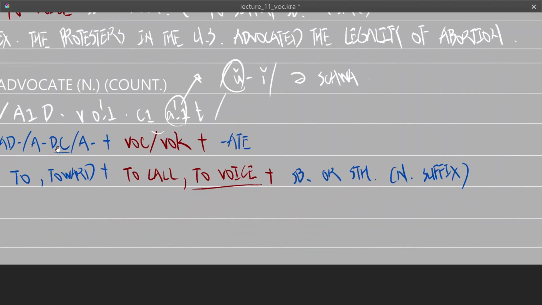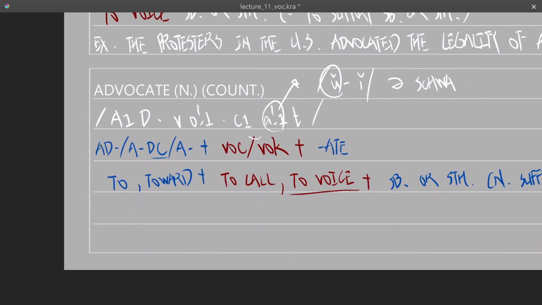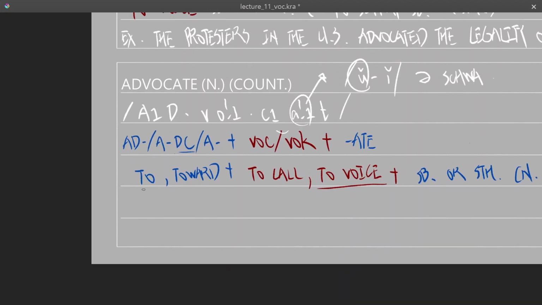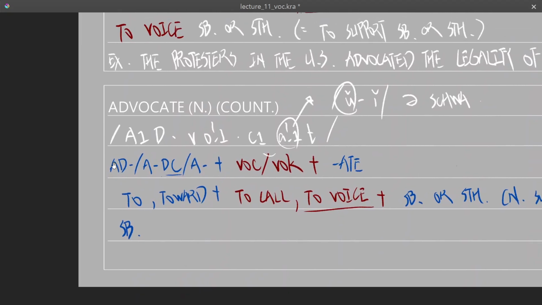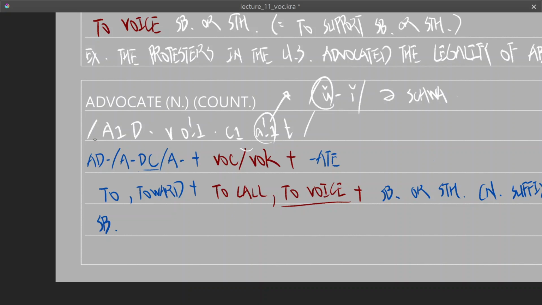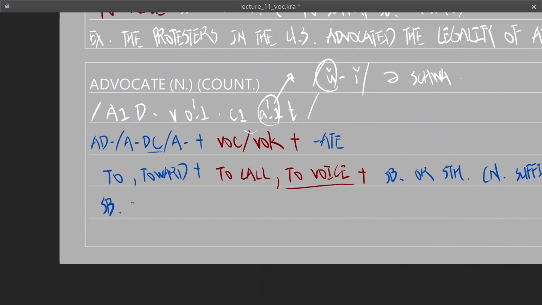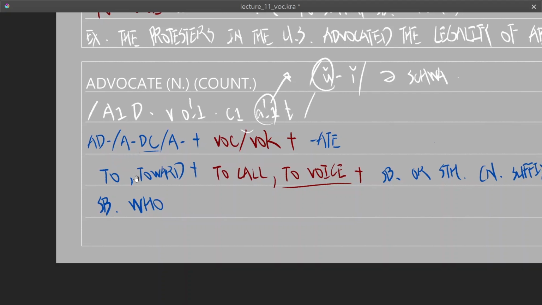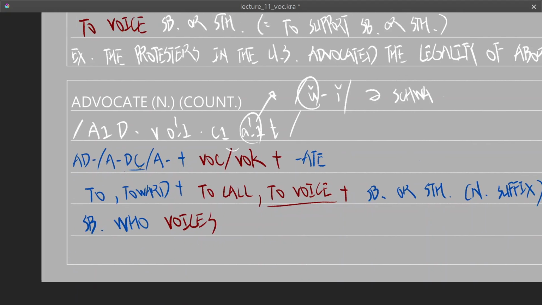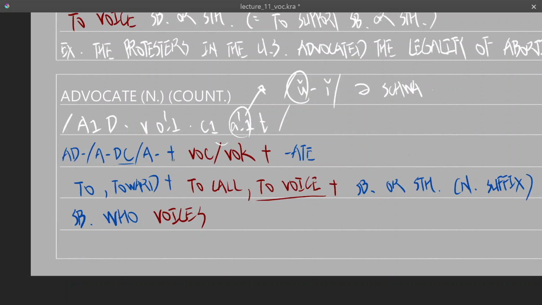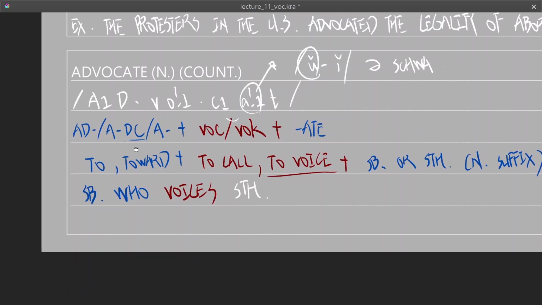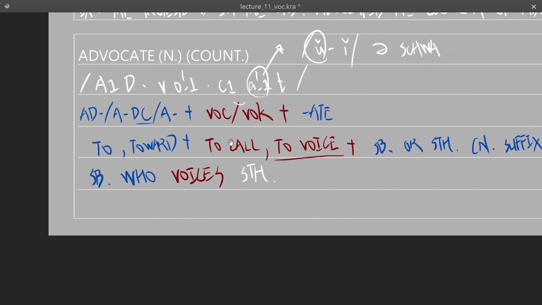So advocate becomes somebody who voices something, somebody who supports something.